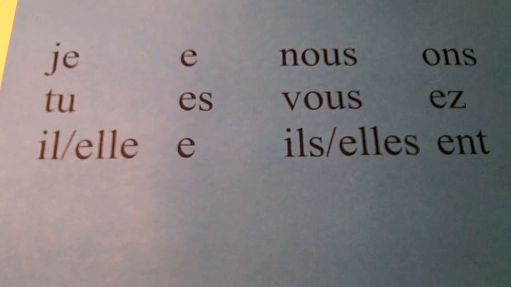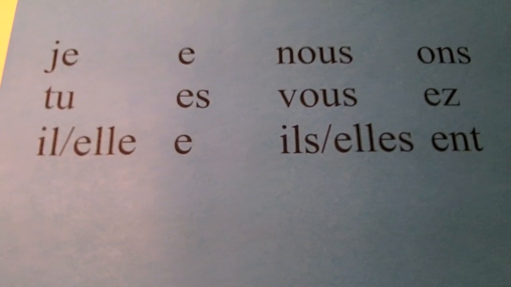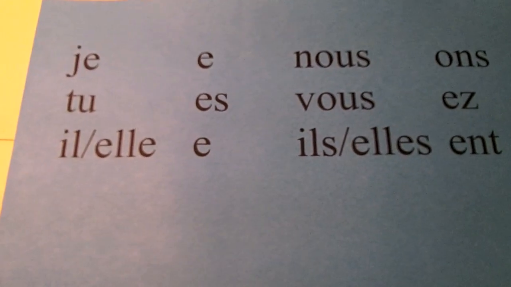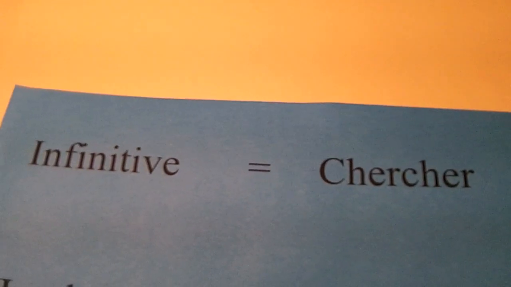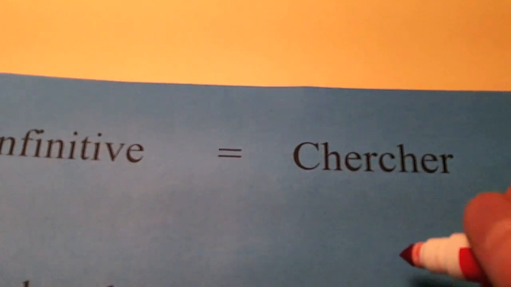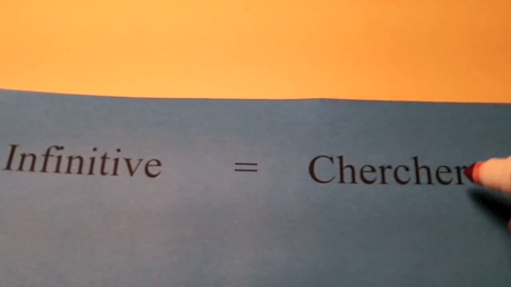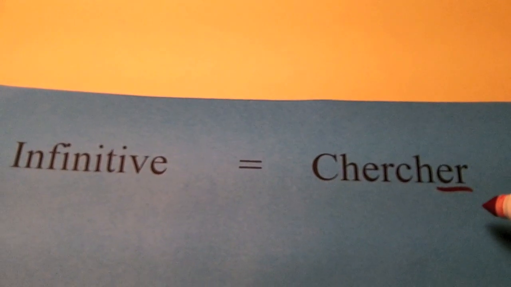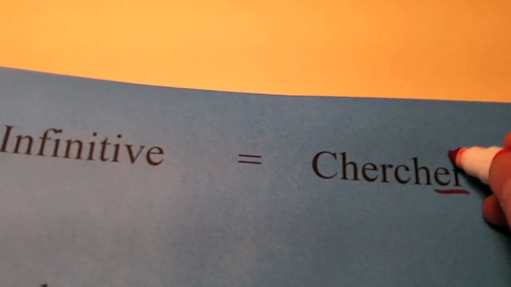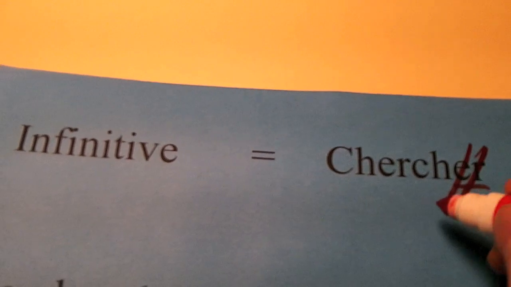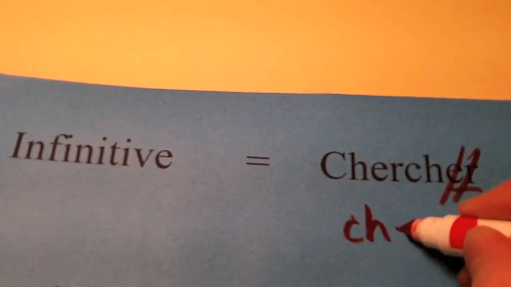E, ES, E, ONS, EZ, ENT. So let's take an example. Our verb chercher, to look for. This is the infinitive form with the ER. Before we start conjugating, we're going to have to cut that off and get rid of it, which leaves us with the stem cherche.